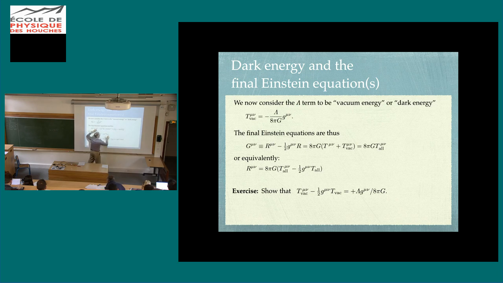And then this is the stress energy of everything, including the vacuum. Or equivalently, I can isolate this term by doing the trick I was showing before and put the complexity on this side. And it's a useful exercise to show that for the vacuum, this term is just plus lambda times the metric over 8 pi G.